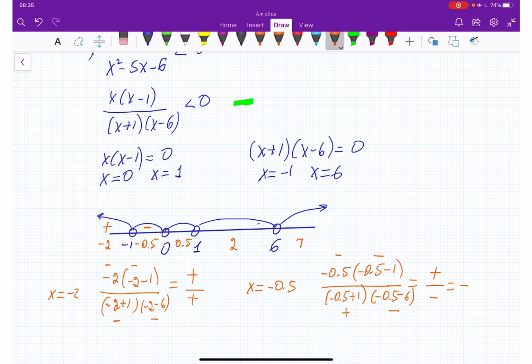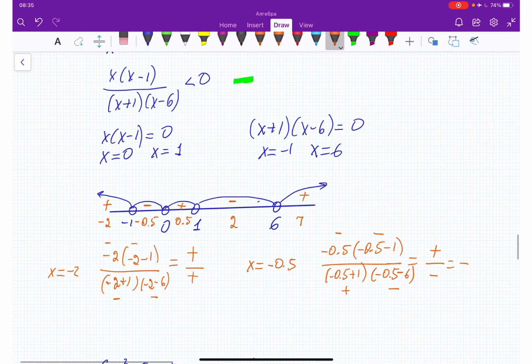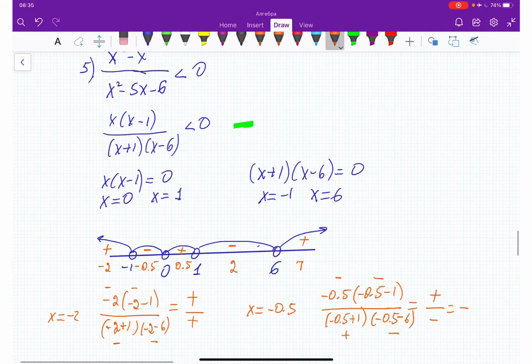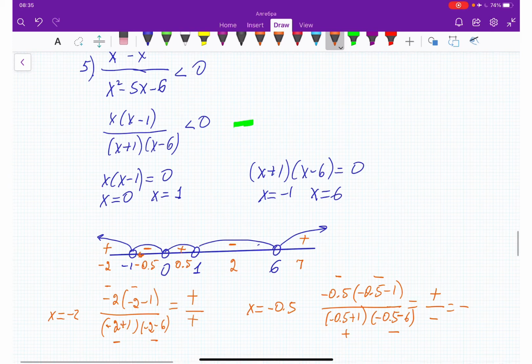So the same way I will solve the rest. You can solve it and you will get, here will be positive, here will be negative, and here I will get positive. So we need to get result less than 0. Which one less than 0 is negative? So the solution is going to be this piece.